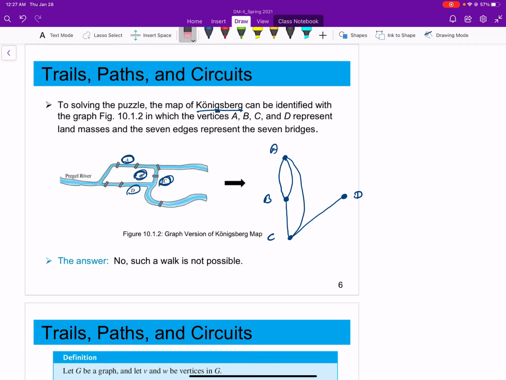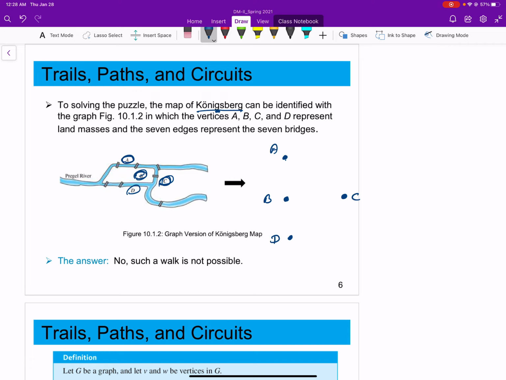Okay, let me just restructure this graph, because the way the graph is presented here, it is not clear. So let me change vertex D and vertex C. Let me interchange them so I can draw a clear graph. So I'm going to mark C here, D there.